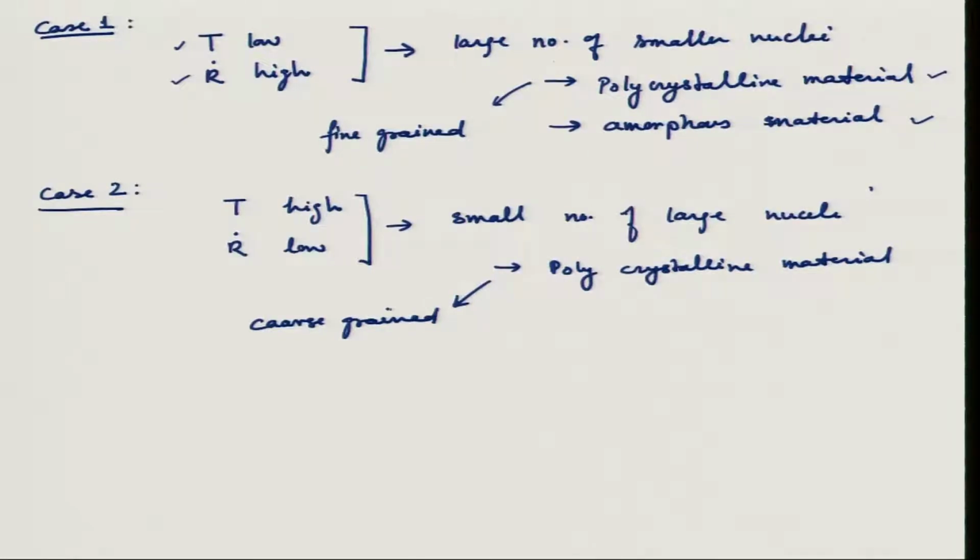So, these are large and they are growing, but the number is small. Each grain which comes from each nucleus will form one grain, and it will be a very coarse grained structure. Now, similar to this case, if we take it to the other extreme, it will result in single crystal or epitaxial growth.